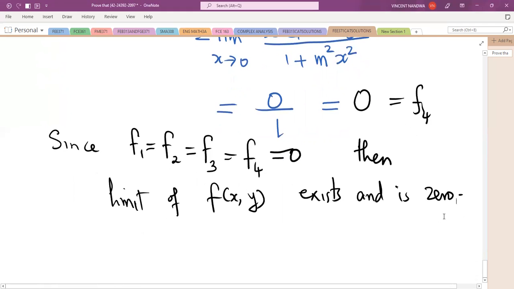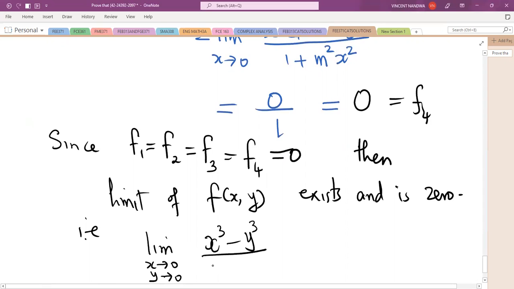That is to mean, the limit as x approaches 0, y approaches 0 of the function x cubed minus y cubed divided by x squared plus y squared is 0.